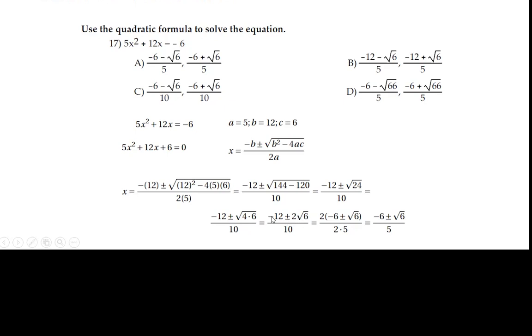Now we can factor a 2 out of the top, leaving us with -6 plus or minus radical 6. We can factor a 2 out of the bottom. 10 gets rewritten as 2 times 5. The 2's cancel, just leaving us with -6 plus or minus radical 6 all over 5. So -6 minus the square root of 6 over 5, -6 plus the square root of 6 over 5.